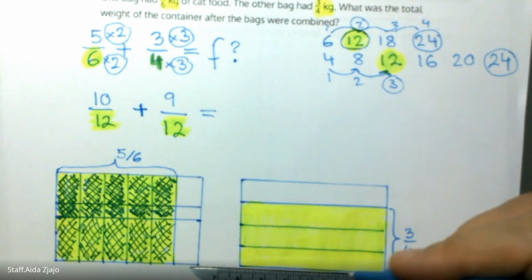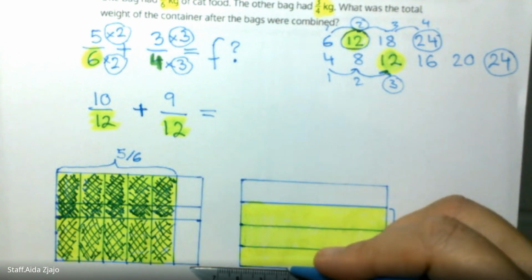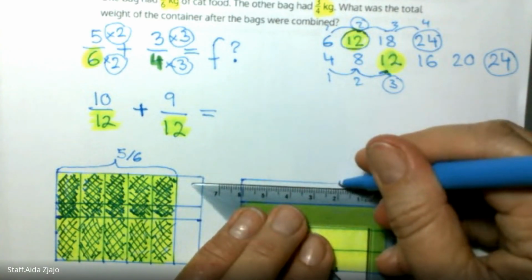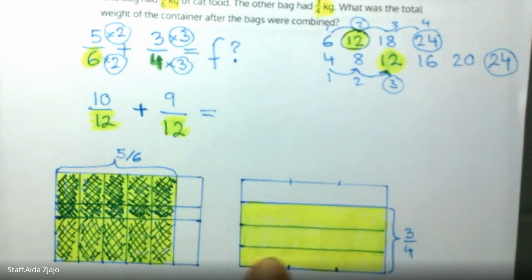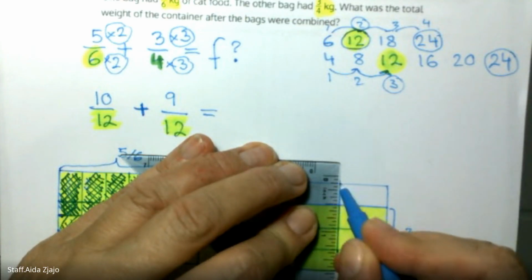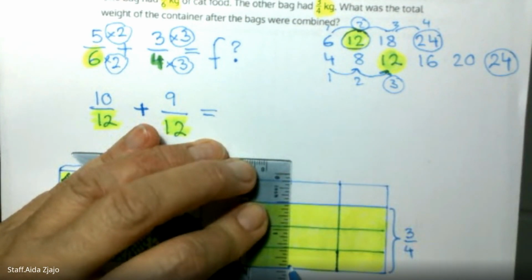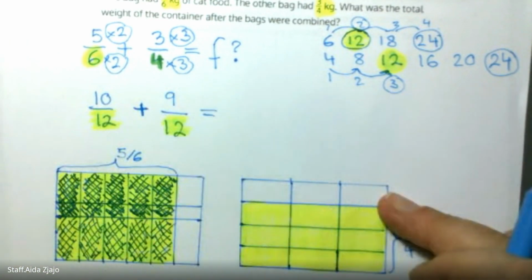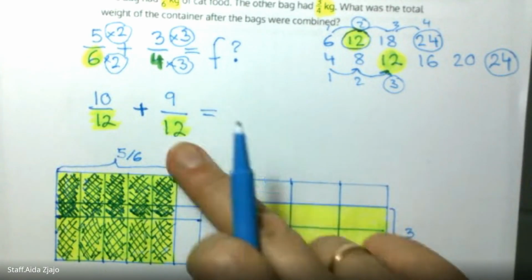So I'm going to cut them into 3 pieces. Each 4th will be cut into 3 pieces, but I have to cut the whole, even the part that I don't have, in order to show the 12ths.